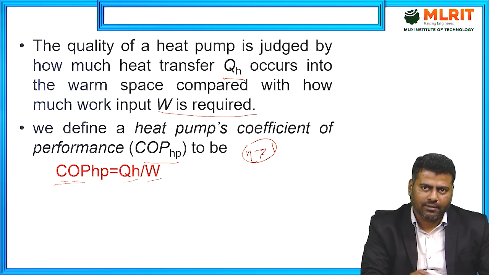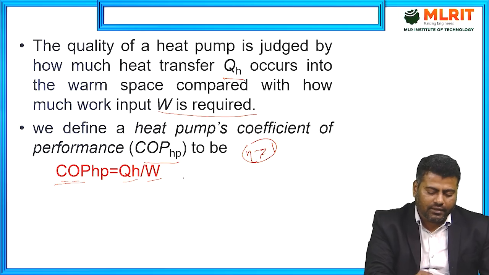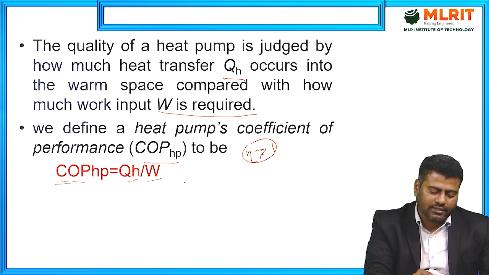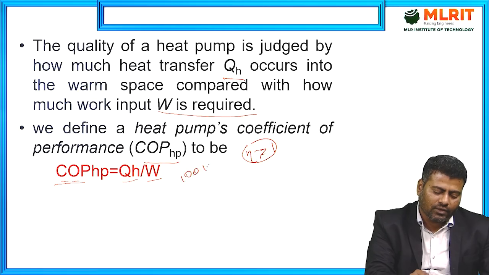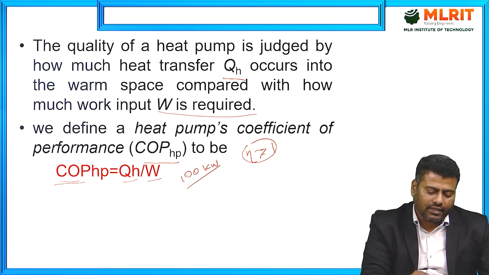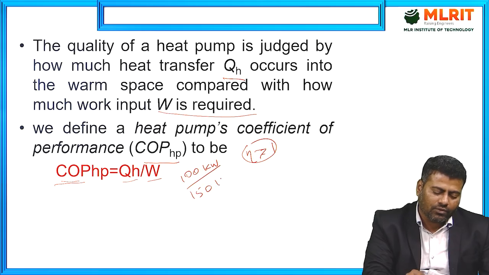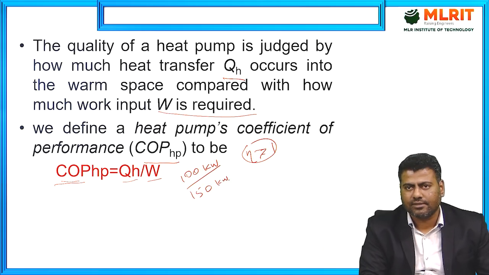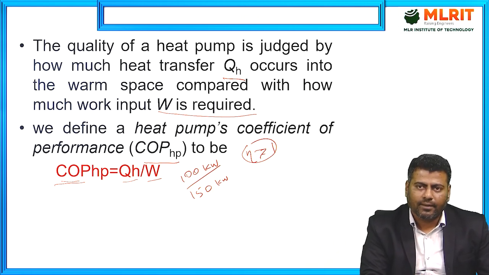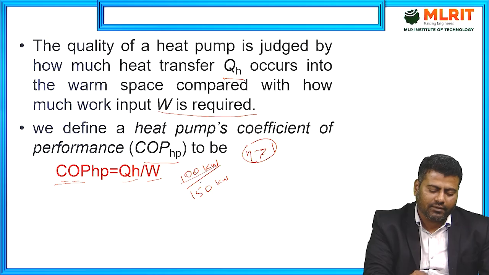See, for example, the work done required for the ideal condition to transfer the heat from outdoor to indoor, if I require 100 kilowatt. In the actual case, I am supposed to require 150 kilowatt because of the losses, friction losses. That is what we discussed, right? The ideal case is greater, but the actual case is lesser.